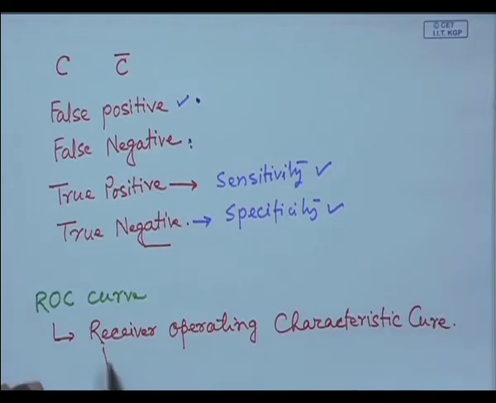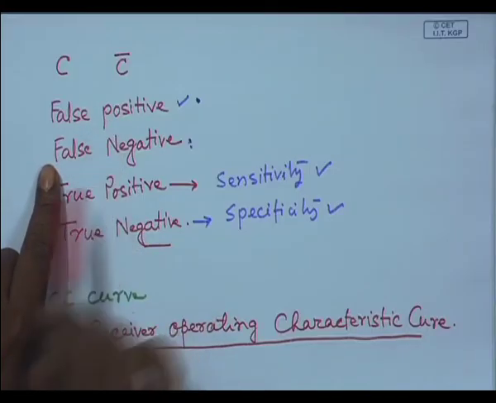Okay. So, how do you plot this ROC curve? For the ROC curve, you plot one of the false cases against the other.